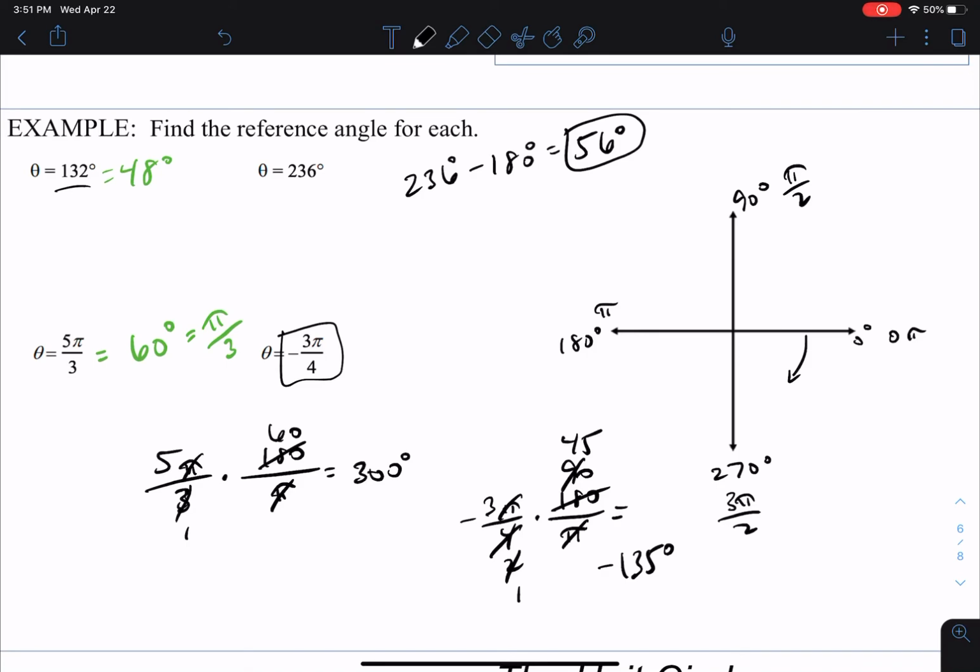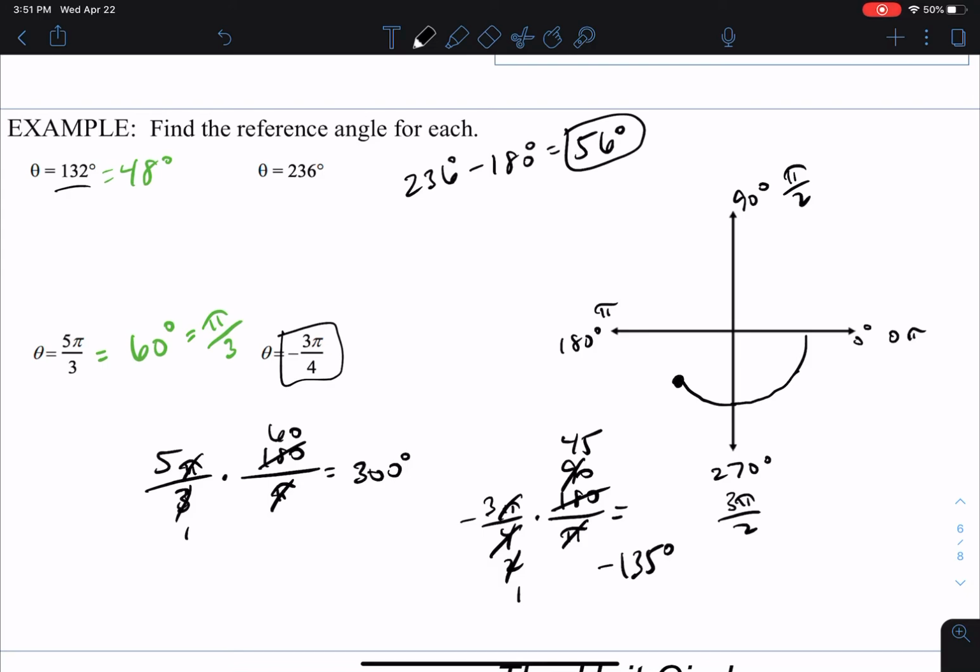So I'm coming this way. This is negative 90, this is negative 180, so I've gone too far. I'm going to go right about here.